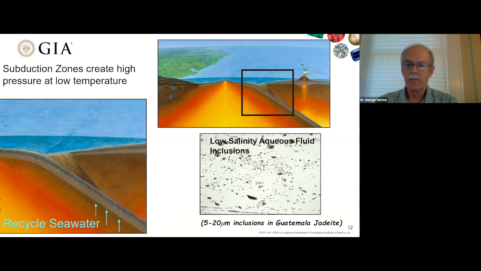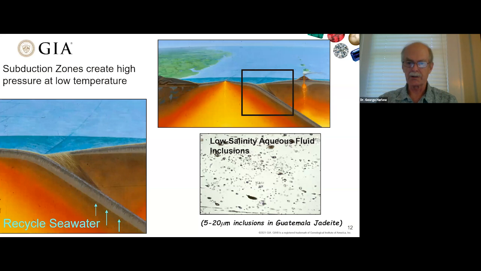So what happens is the seawater rises up into this area that I'm showing, which is part of the Earth's mantle, which has ultramafic rocks that turn into serpentinite. And when you actually look at jade samples, you typically find, as over here in the lower right, this is a sample of jade from Guatemala, and it is full of aqueous fluid inclusions, which is an indicator that it probably formed from a fluid.